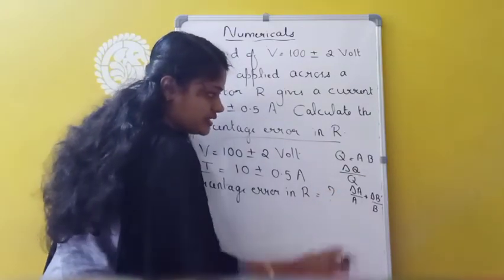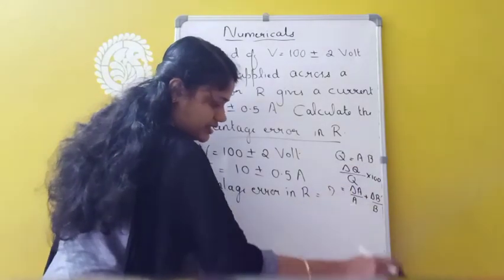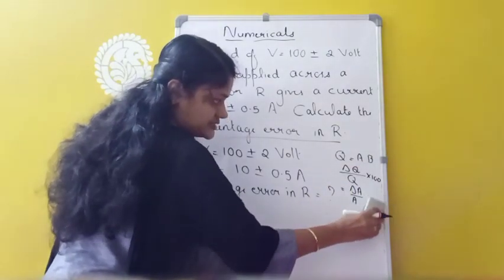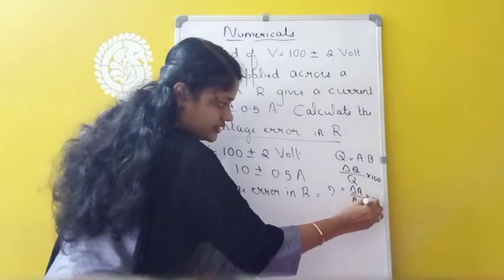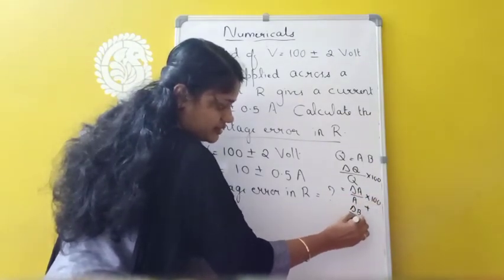Delta Q by Q into 100, relative error into 100, equals delta A by A into 100 plus delta B by B into 100.